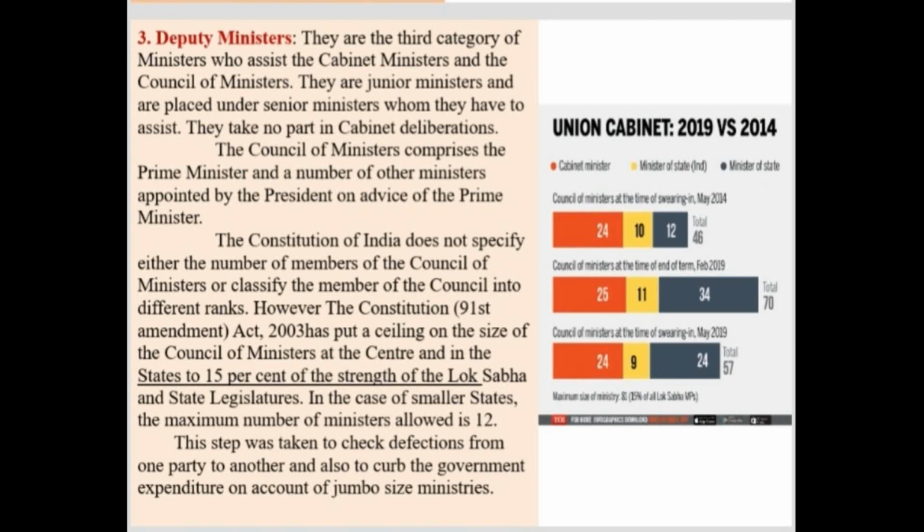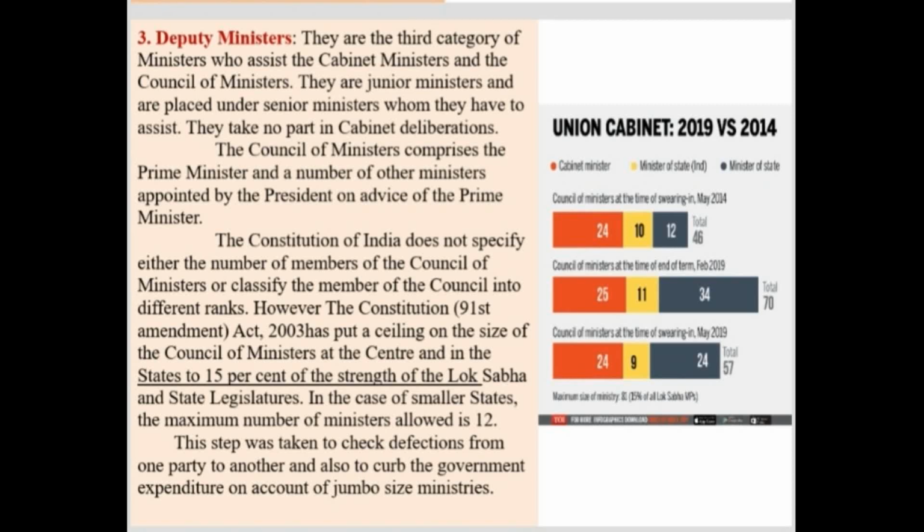There is definitely a ceiling. That means there is a limit on the size of the ministers. It may be a central government or maybe a state government.